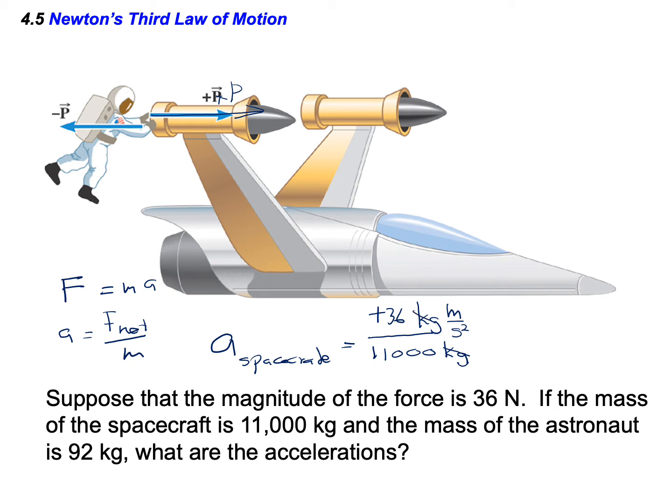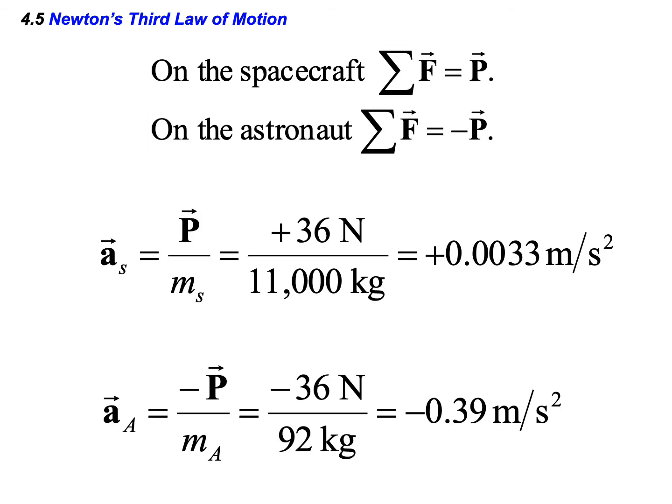So when you solve this problem, for the acceleration of the spacecraft, you will get the units of meters per second square. So here you will see the acceleration of the spacecraft is equal to force over mass.